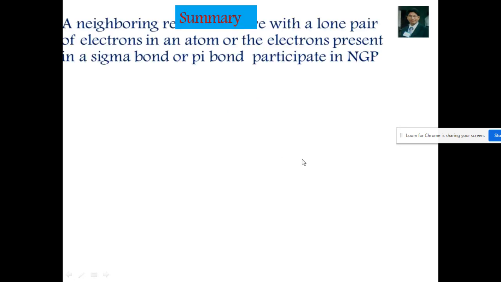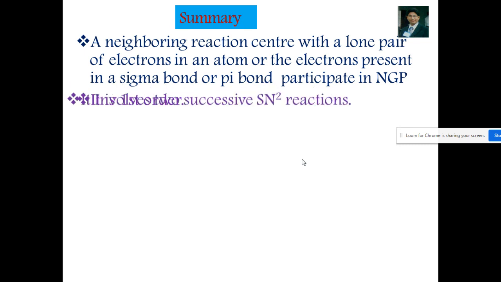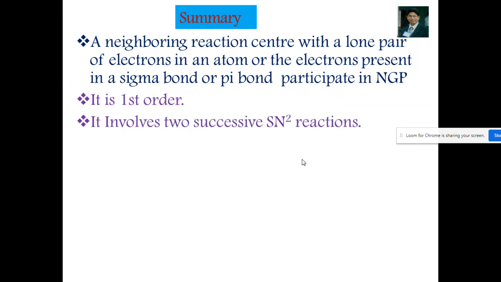Now, I am coming to the summary of the overall neighboring group participation reaction. First of all, a neighboring reaction center with a lone pair of electrons in an atom, or the electrons present in a sigma bond or pi bond, participate in NGP. Secondly, it is a first order reaction. It involves two successive SN2 reactions.